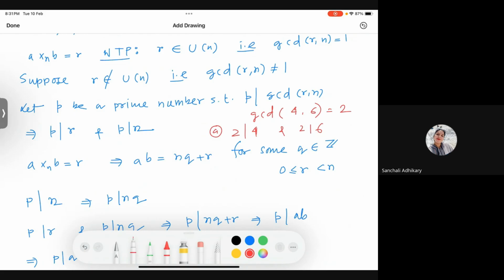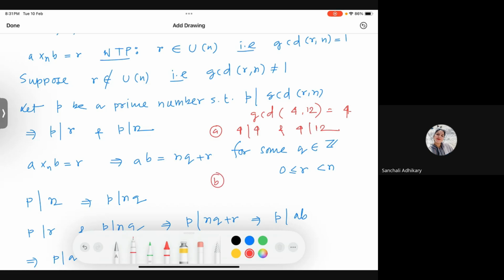And the second thing, take 4 and 12. What is the GCD? 4 is the GCD, right? So see, 4 divides both the numbers. 4 divides 4 and 4 divides 12. Actually, this is the definition of GCD.